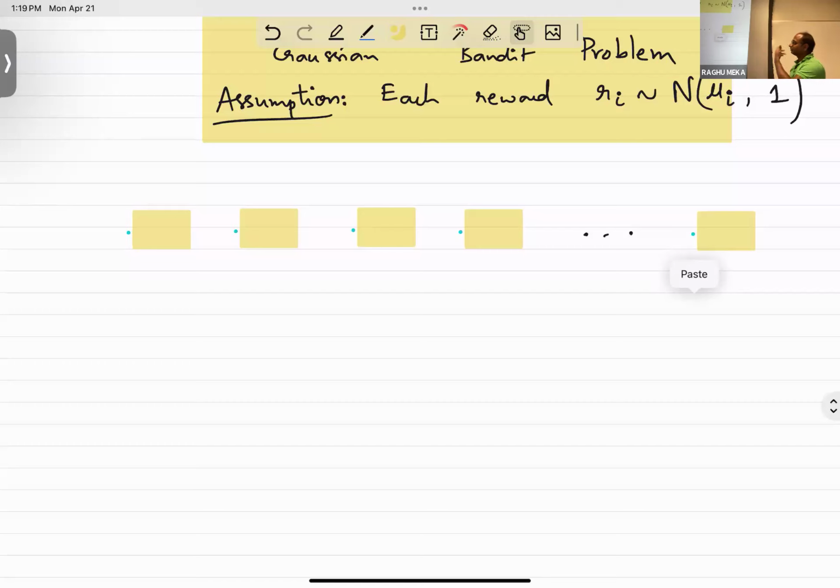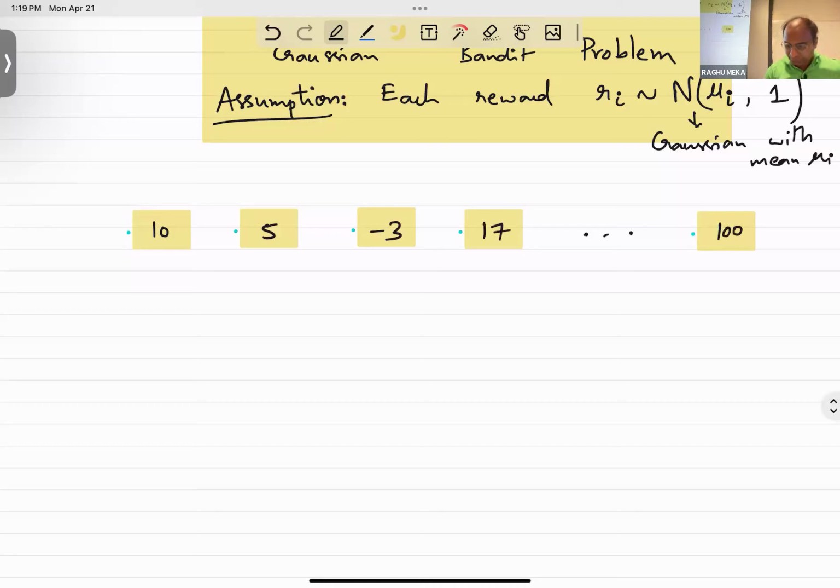We have D choices as before, and each choice has a hidden mean inside it, a hidden average. It's coming from some Gaussian distribution, Gaussian with mean mu_i. So for example, maybe choice 1 has a mean of 10. Maybe this has a mean of 5. Maybe this is -3. Maybe this is 17. Maybe this is 100. These are the means, not the exact rewards that you would get, but the reward that you would get in expectation.